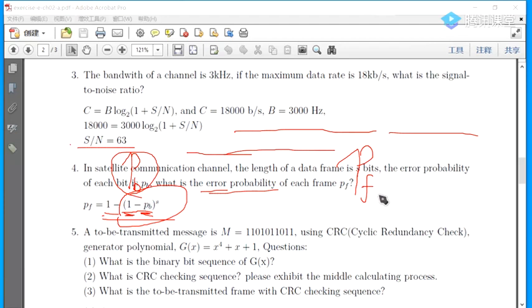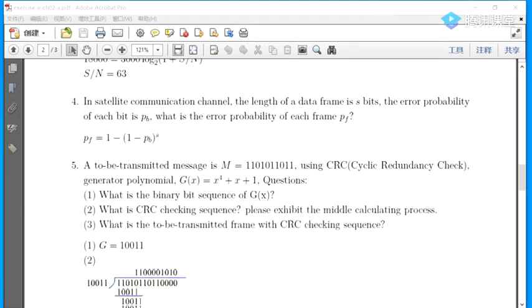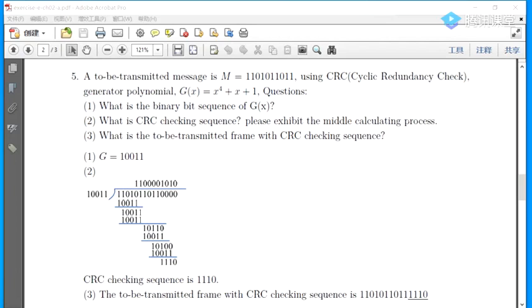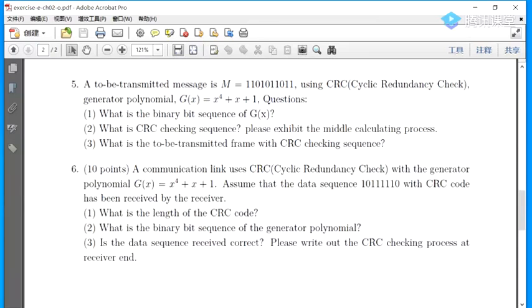Question 4. Now, question 5. We should determine the CRC calculation.